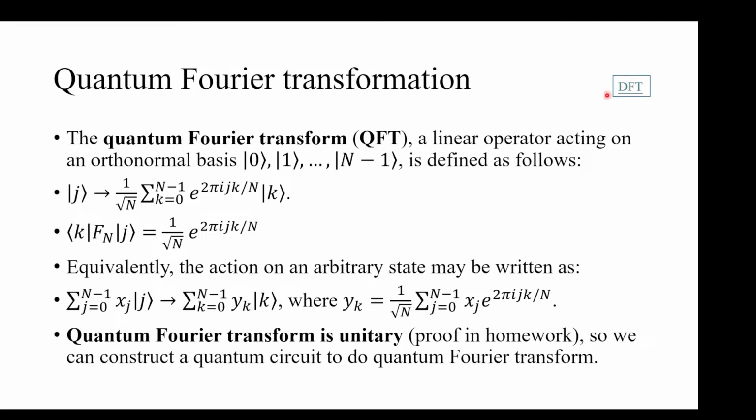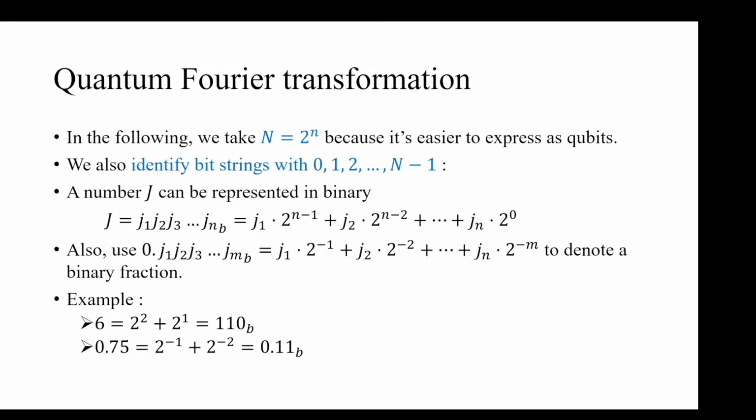So this is now a quantum matrix, and if you sandwich between k and j, this is basically the kjth element. The kjth element of this quantum Fourier transform matrix is 1 over square root n times e to the 2 pi jk over n.